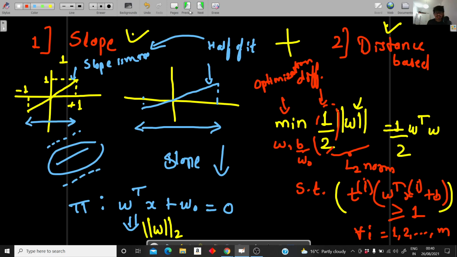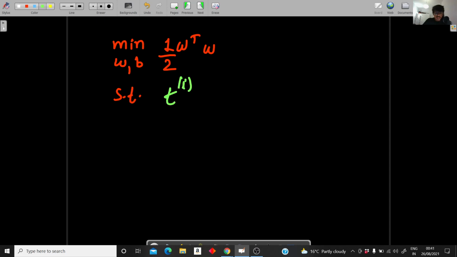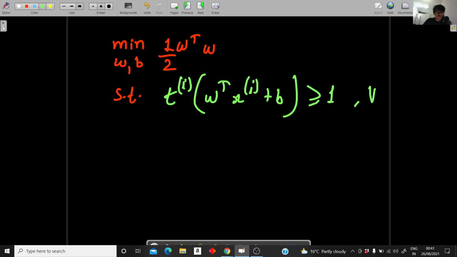And this, let me write on a fresh page, is the training objective. I am minimizing over the W and B parameters, half of W transpose W, where I take the half just for differentiability, such that my constraint is that Ti times (W transpose Xi plus B) should be greater than or equal to 1 for all i in the training data set.